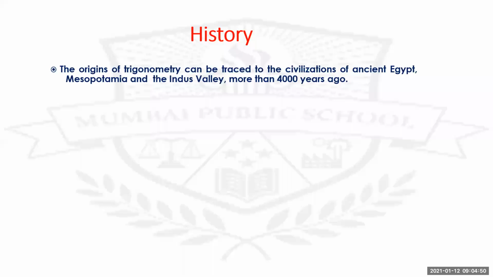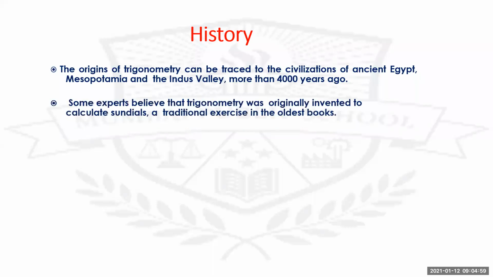History of trigonometry. The origin of trigonometry can be traced to the civilizations of ancient Egypt, Mesopotamia and the Indus Valley more than 4,000 years ago. Some experts believe that trigonometry was originally invented to calculate sundials, a traditional exercise in the oldest books.